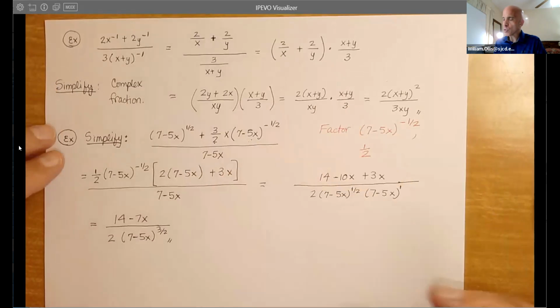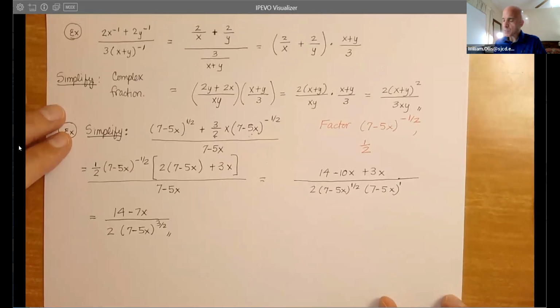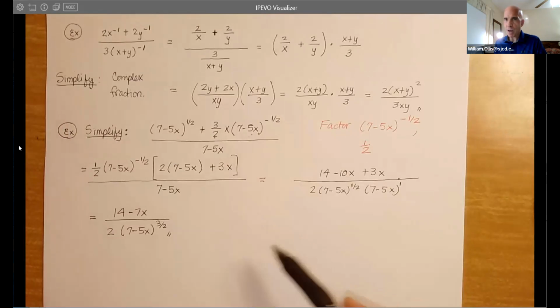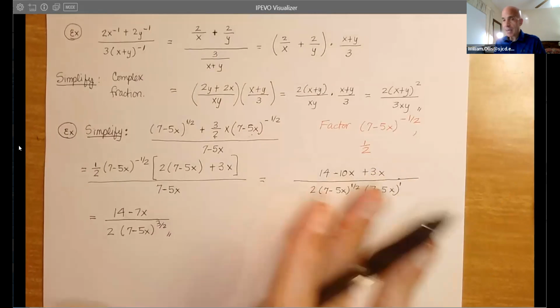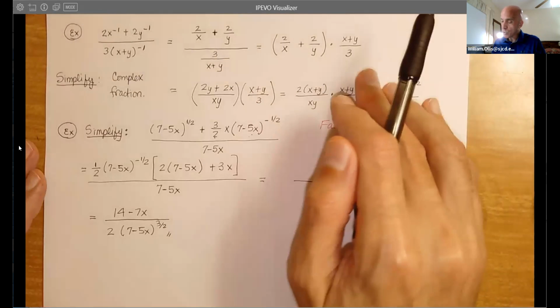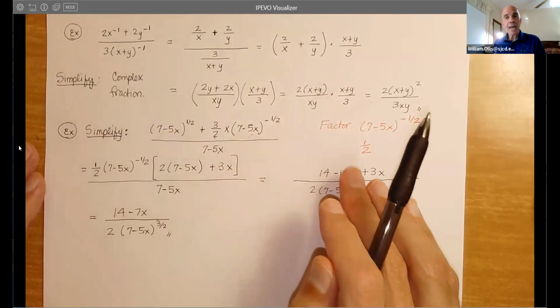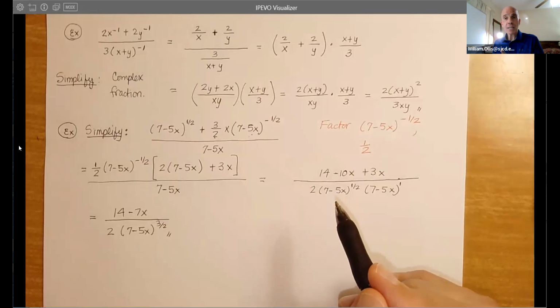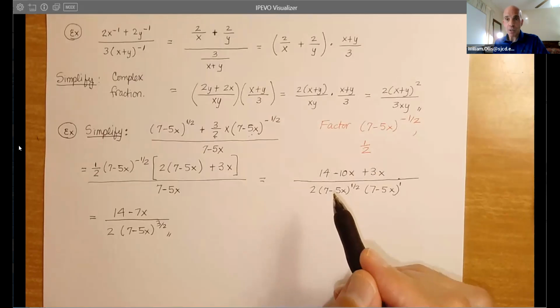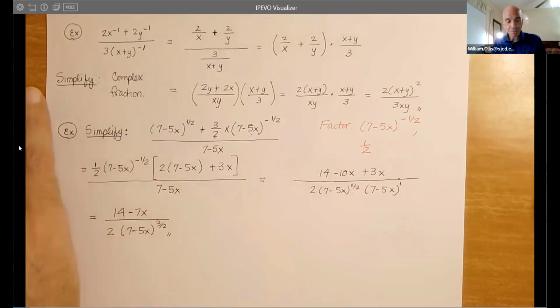It's always your choice. Legitimate steps will give you the same response. You don't have to worry about anything being incorrect as long as you use the proper techniques. And for a student in mathematics, you may have different techniques that accomplish the same goal. So keep that in mind.